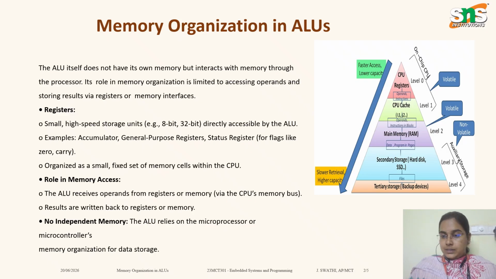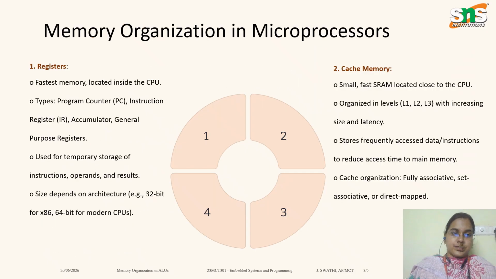But the capacity from the register to the tertiary level is increasing. Primary storage, on-chip storage, is your CPU register, CPU cache, and RAM, which is volatile. Secondary disk, that is auxiliary storage, comes under secondary storage and tertiary storage.